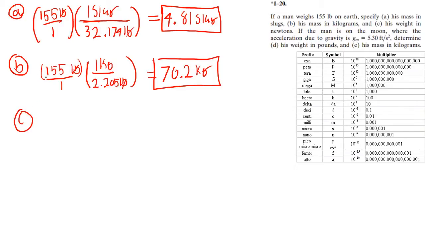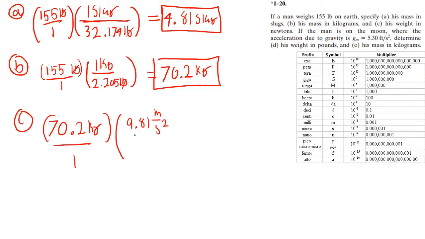And his weight in newtons. So we have his mass. All we need to do is multiply by gravity, which, since this man's on Earth, is 9.81. So that's his mass, and then we multiply by gravity to find a newton. So let's do this over 1, 9.81 meters per second squared.